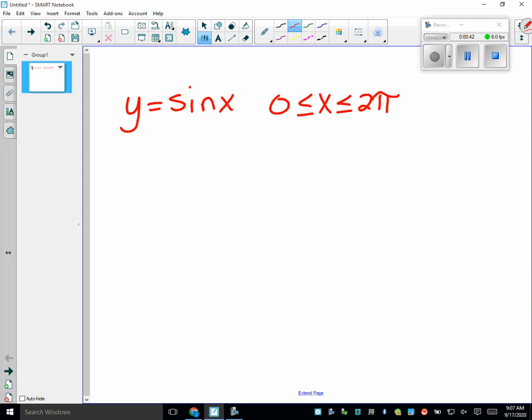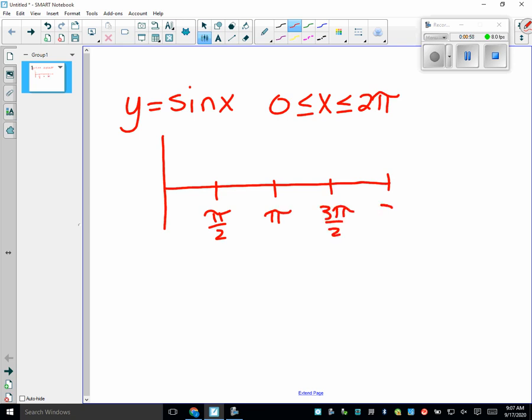Okay, good. Tell me where the points are. Tell me what I have to draw on here. What do I have to mark? You mark pi over 2, pi, 3 pi over 2, which is easy, since that's what I mark on the coordinate plane, right?